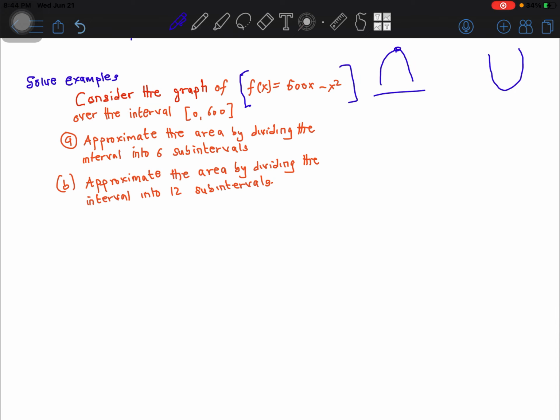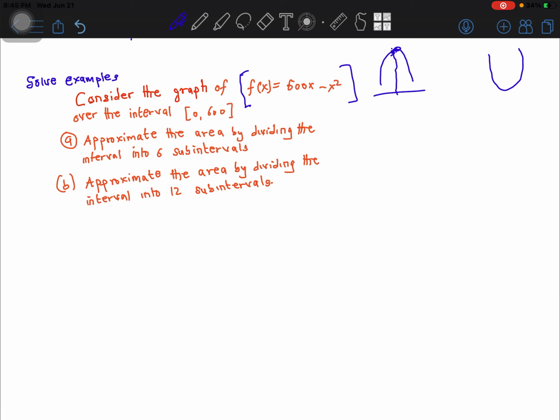But for now, let's keep the turning point aside, because we are going to use those intervals to evaluate the value of y. That will help us to estimate the height of the parabola, the turning point where we are going to get.